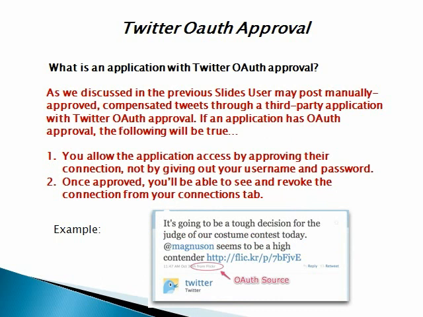Then there's the last thing. This is the Twitter OAuth authorization approval. Typically this is based on the applications. They have to go through a third-party approval process. And then when that happens, you allow the application to access by approving their connection, but you don't want to give out your username or password.